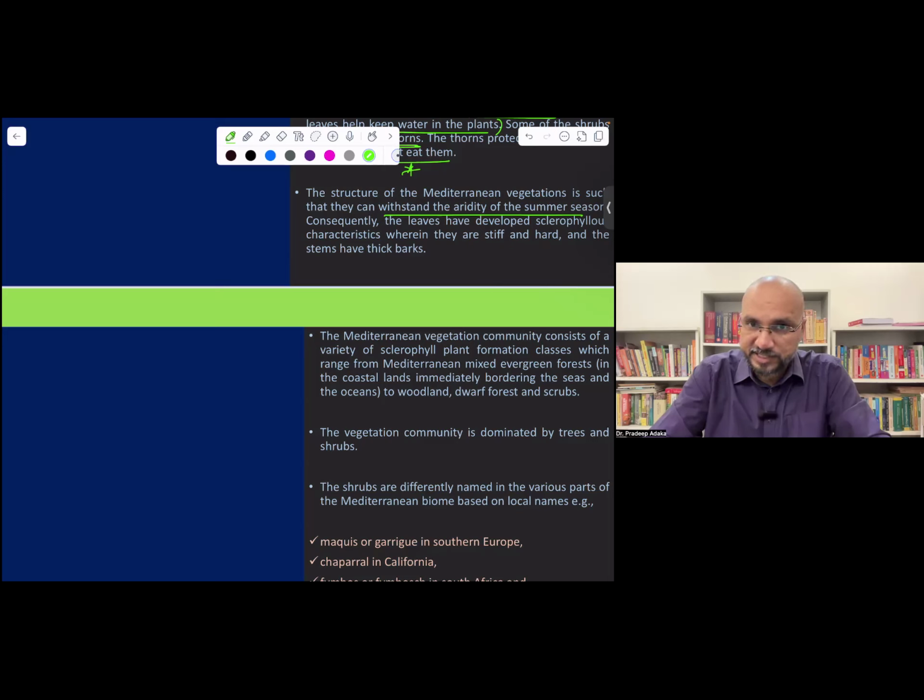So this kind of vegetation which has leathery leaves and very hardy stem, so shrub like plants which have very hard woody stem and leathery thick leaves, this type of vegetation is called sclerophyllous vegetation.